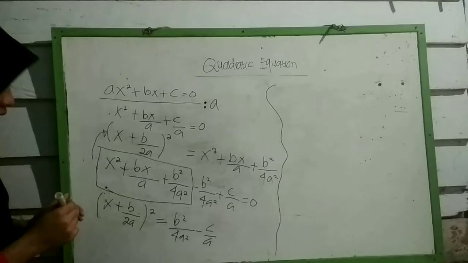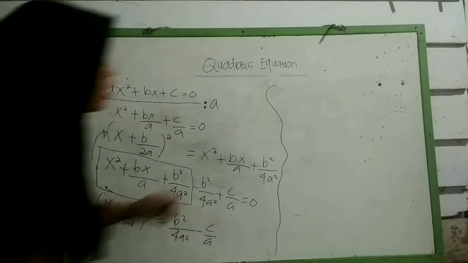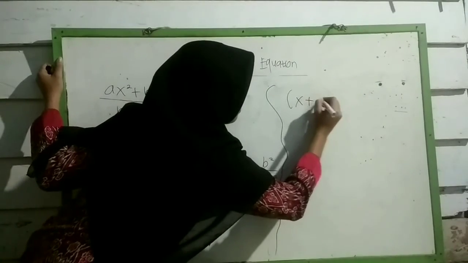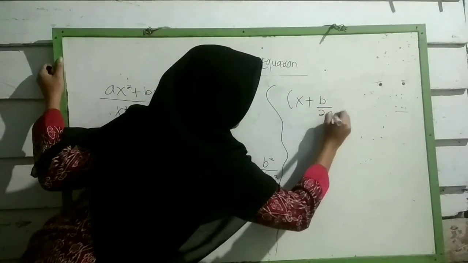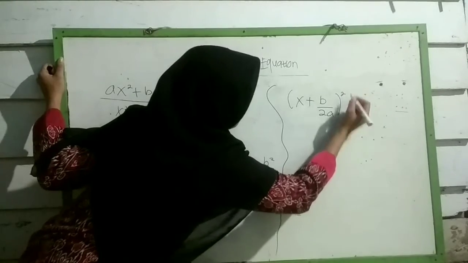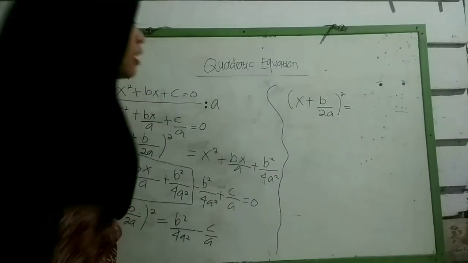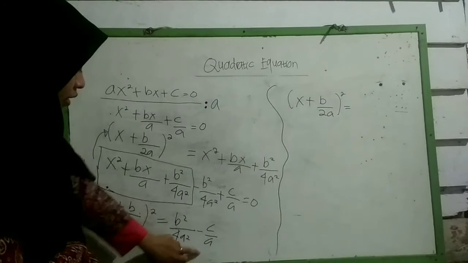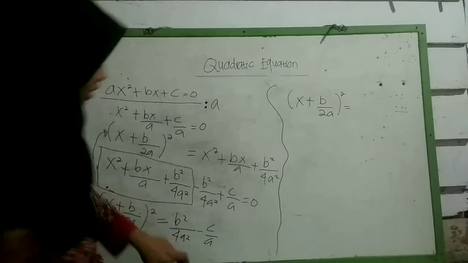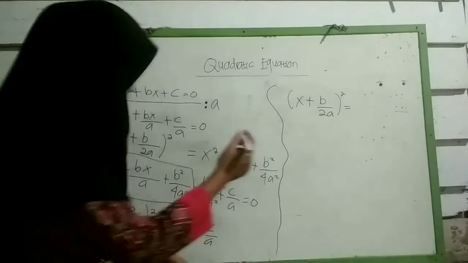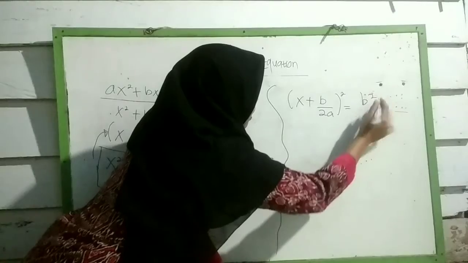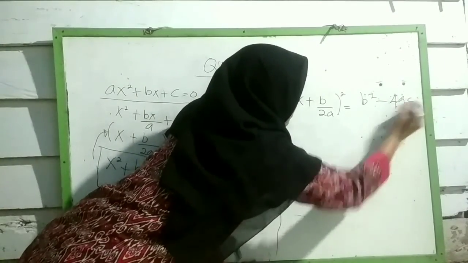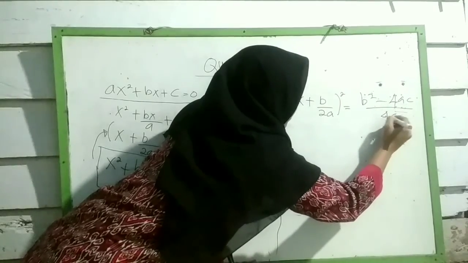Okay. Then it's going to be x plus b over 2a squared equals b squared minus 4ac over 4a squared.